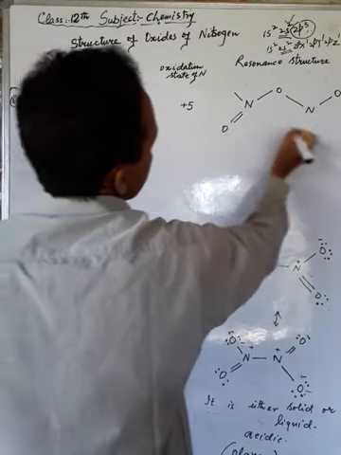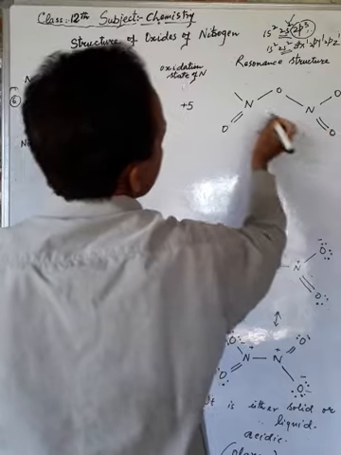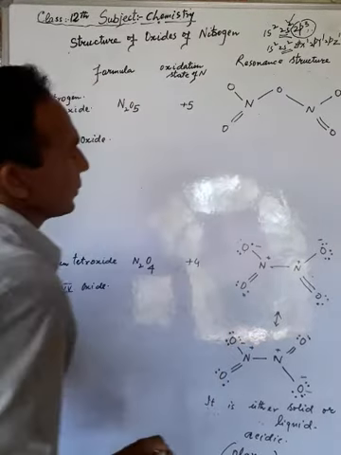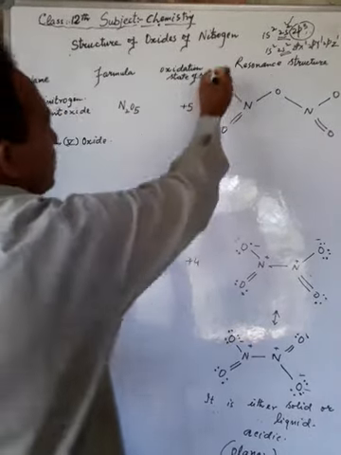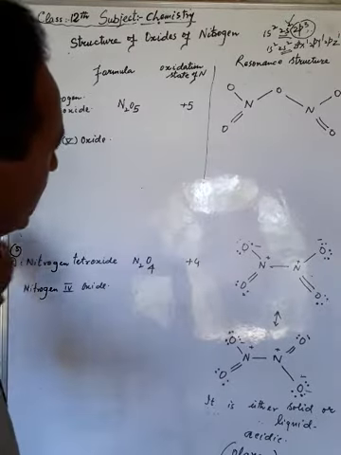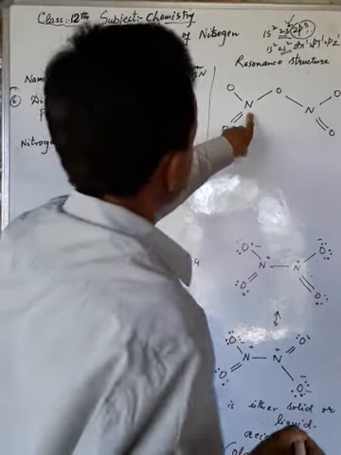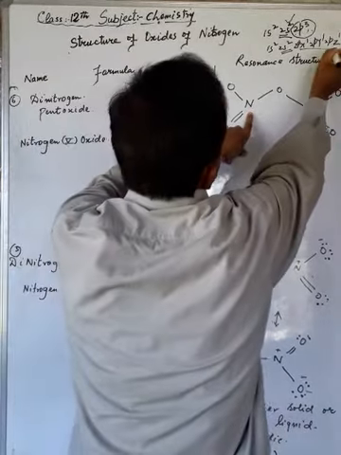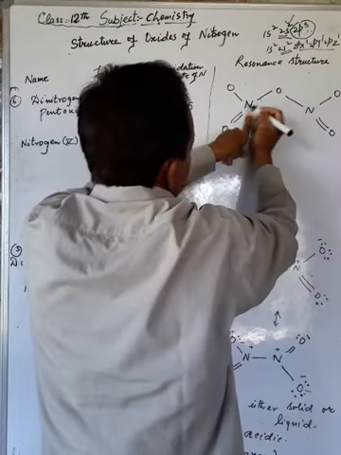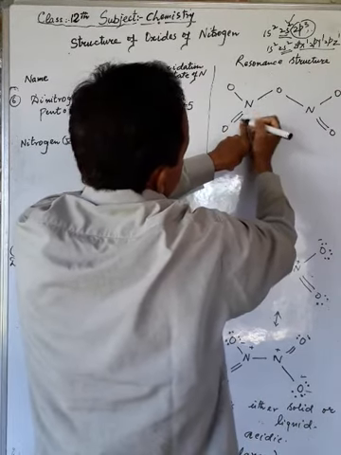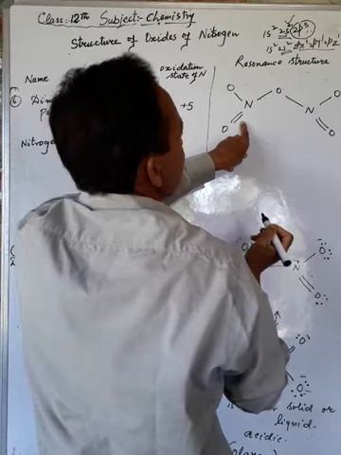NO double bond O double bond O O. How? Nitrogen. 3 lone pair of the electrons form 3 bonds with 2 oxygen atoms, right?